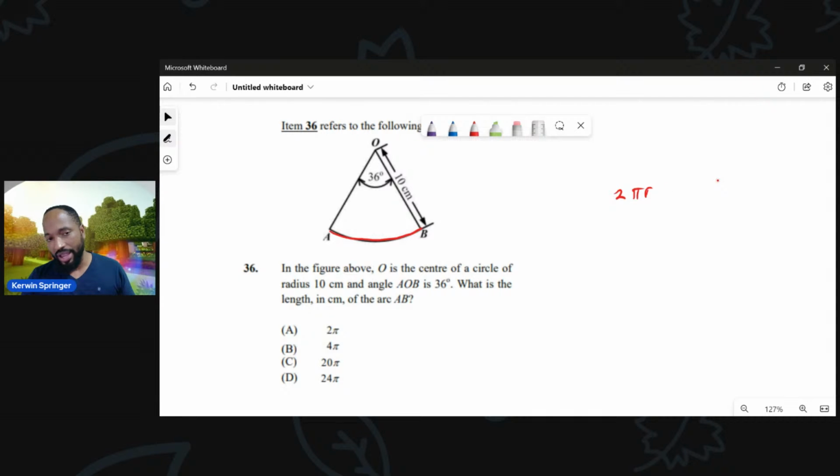To find the length of an arc, I need to multiply by the angle theta over 360. Theta in this case is 36 over 360, which is 1/10 of 2 times pi times r, and r is 10. So the 10 will cancel, so it's just 2 pi.